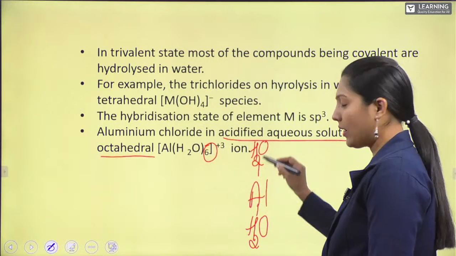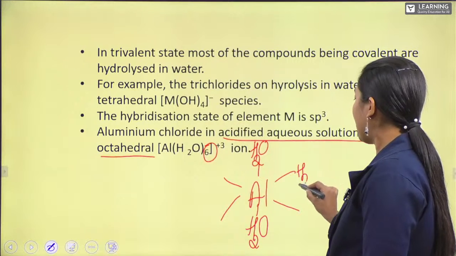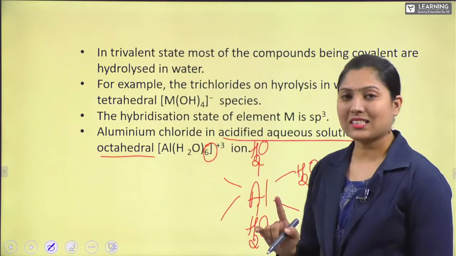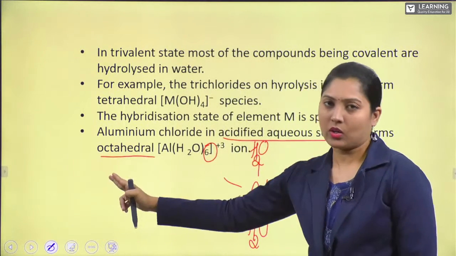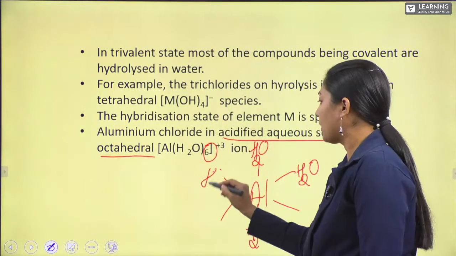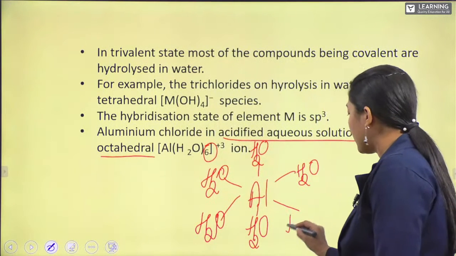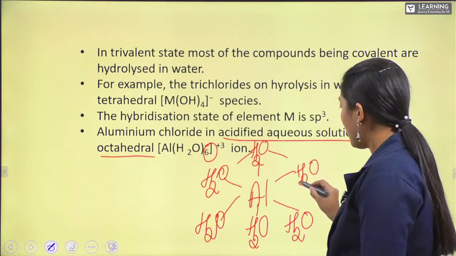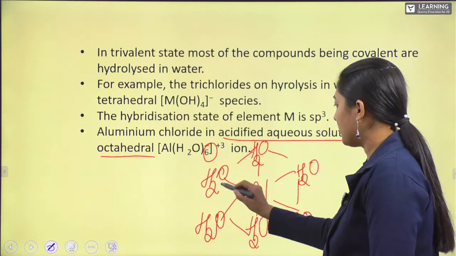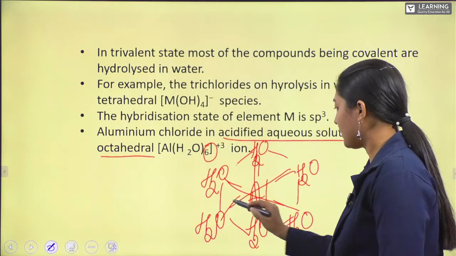Here 1, 2 and here 2, here 2. So we have 6. Octa means 8, don't get confused with that. You will have 6 for octahedral. So we have 6 water molecules surrounding this aluminium which forms an octahedral structure. So we'll have the structure like this.